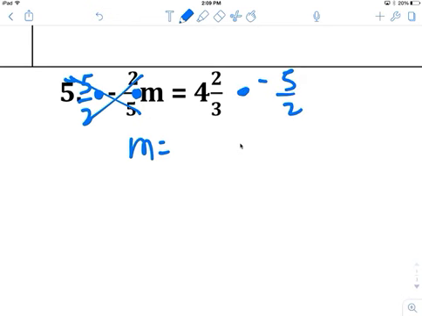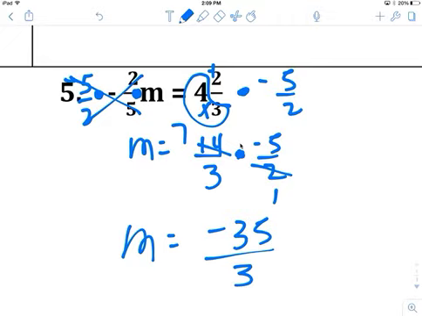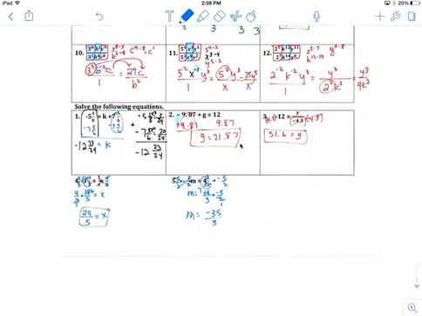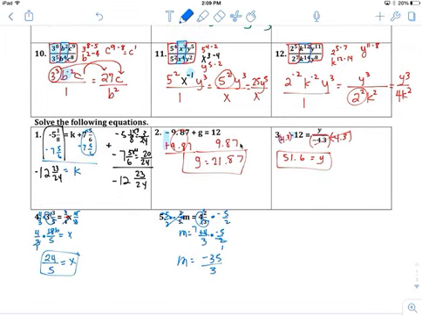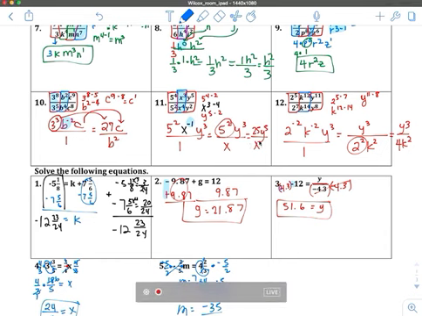Make it improper. M equals negative 35 over 3. And that's your answer. Hope you understand and be ready for tomorrow's test. Okay?